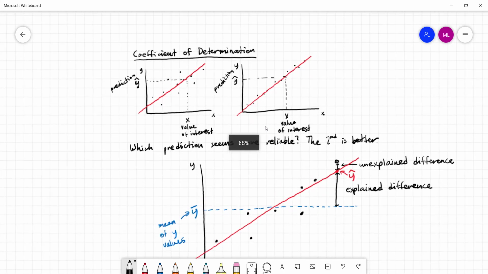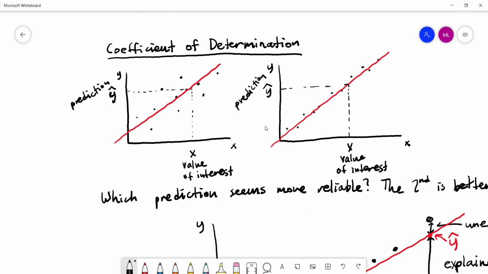And the gist of it boils down to the picture we had here. If the points are more spread out, your coefficient of determination is going to wind up being smaller. There's more unexplained difference between the points and the line. Whereas in a case like this, where the points are all very close to the line, there's very little unexplained difference. The line does a very good job of explaining the trend of the data.